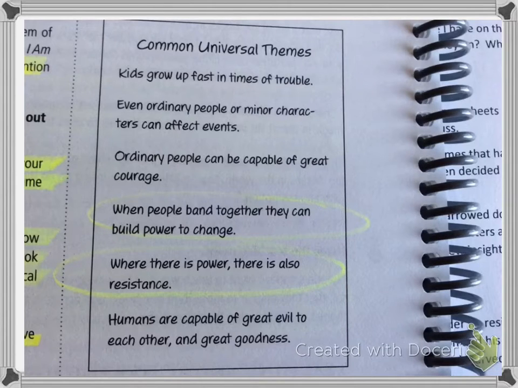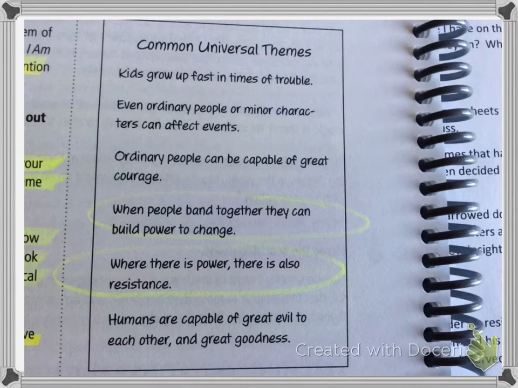Ordinary people can be capable of great courage. When people band together, they can build power to change. And where there is power, there's also resistance. And humans are capable of great evil to each other and great goodness. So what we've done so far is remind ourselves of some of these themes that appeared again and again in reading, but also throughout history.